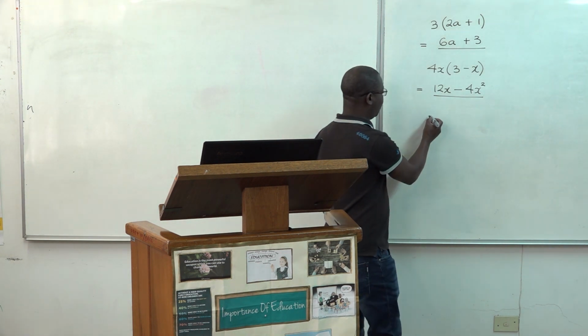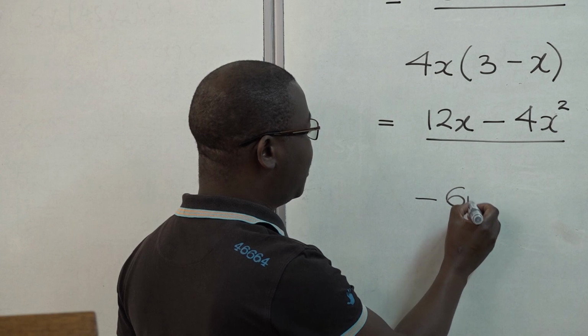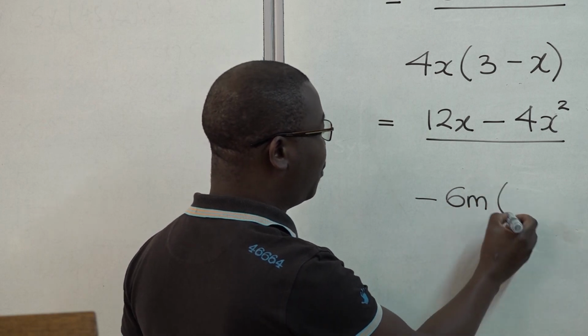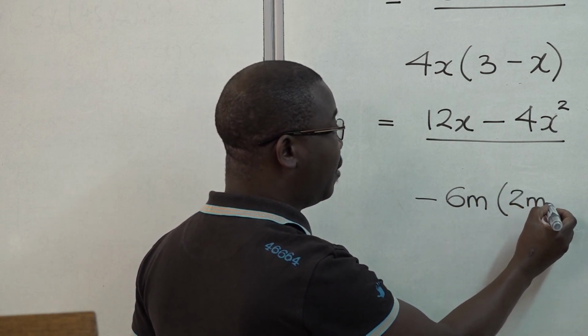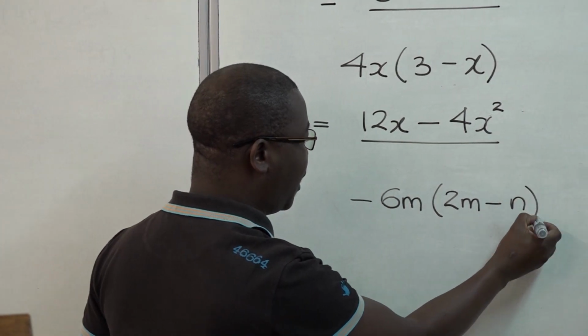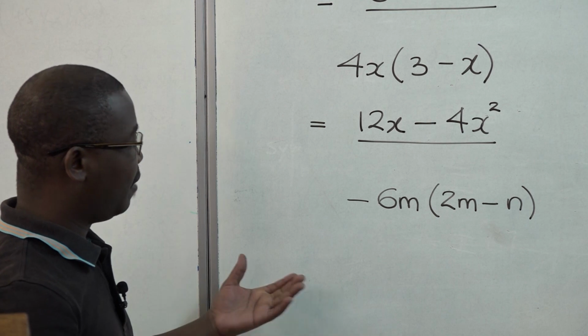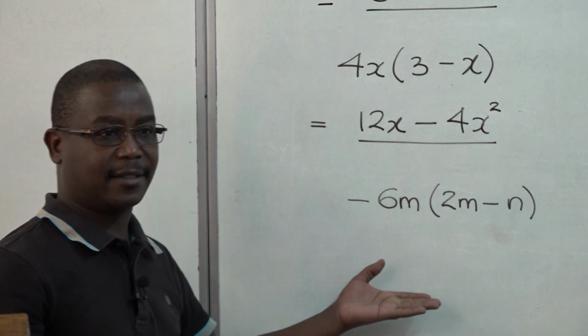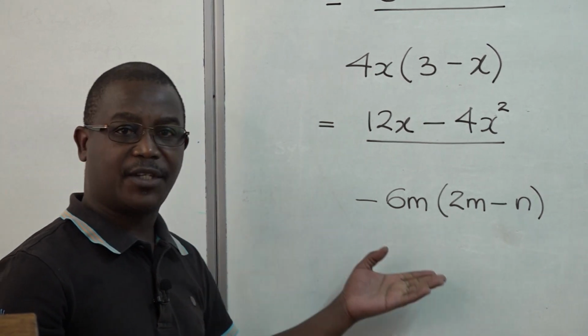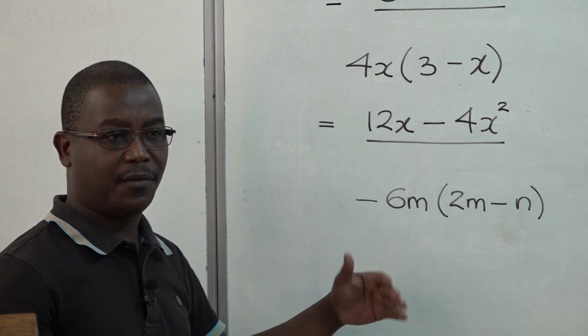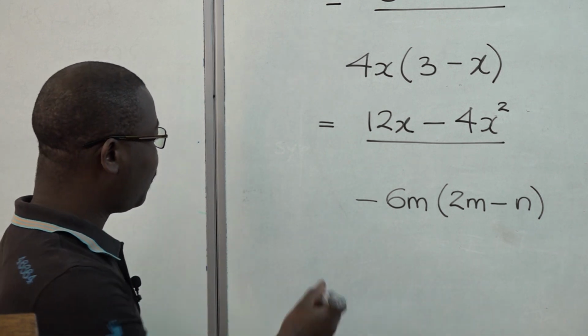question, we have minus 6m in brackets 2m minus n. In this example, I'm very much concerned about the signs. This example gives us more practice with the signs.